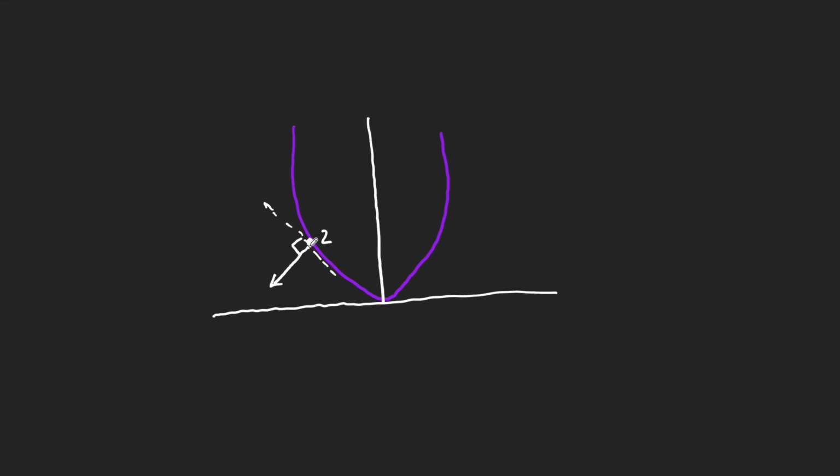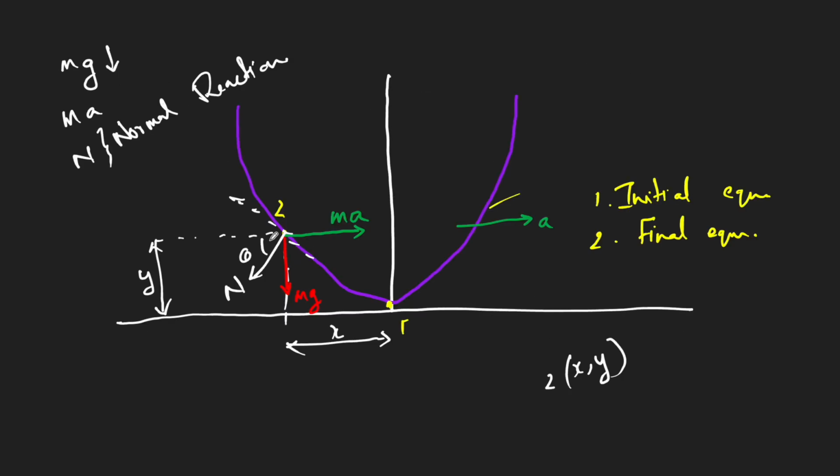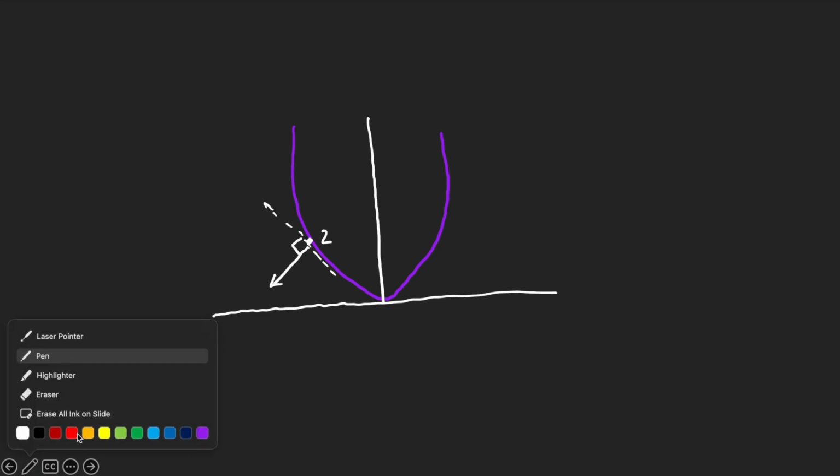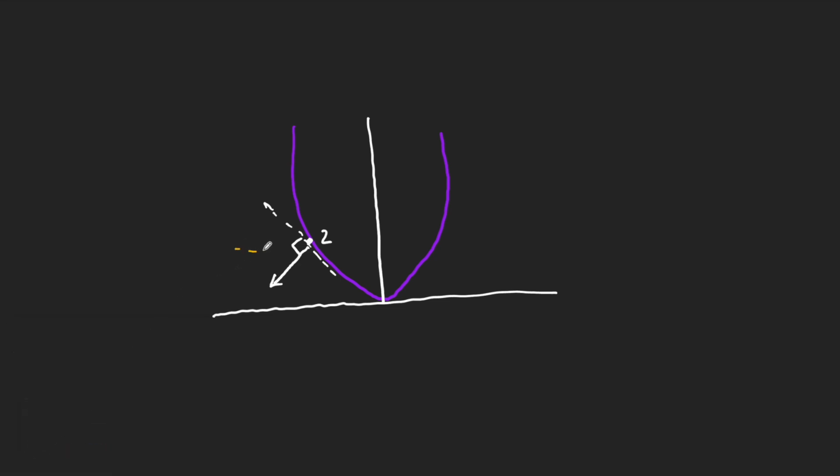And at this point, we know this is theta. Okay, let me mark that. This angle we have taken as theta. If that is theta, what must be this angle of the tangent?